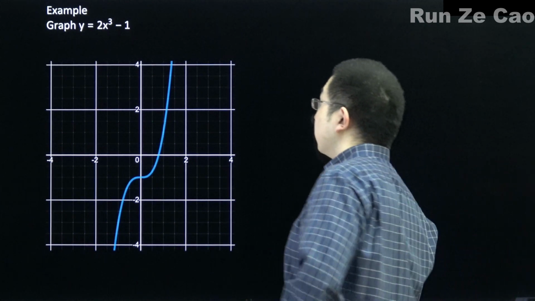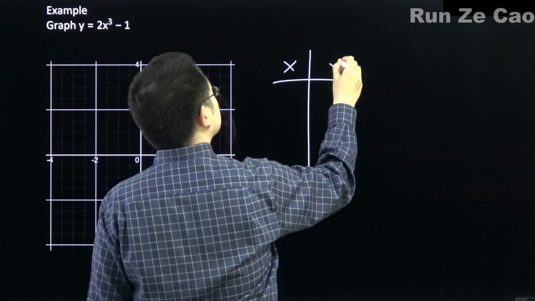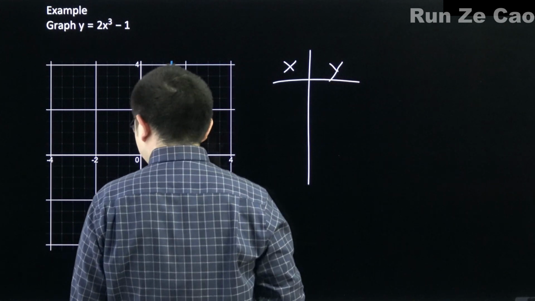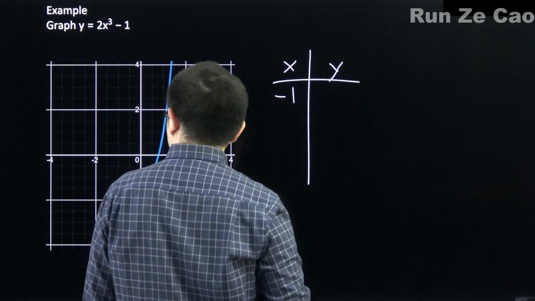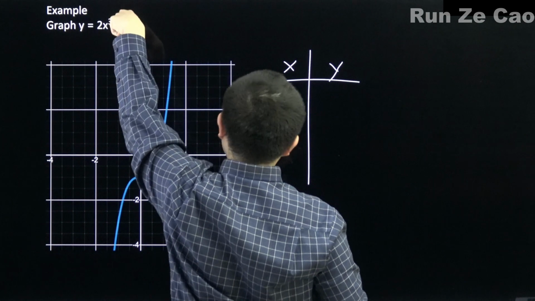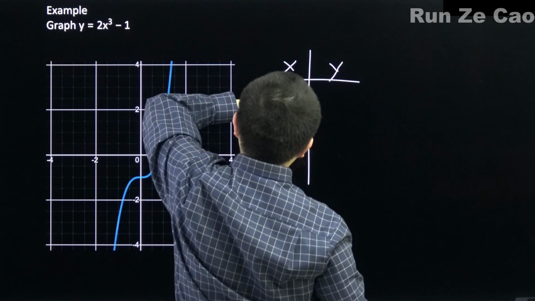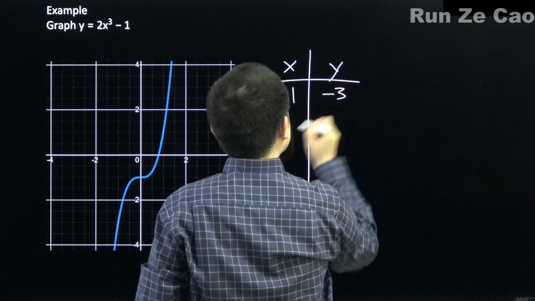Well, then, we got to go and make ourselves a little table. X values and y values. So for x equals -1, we would have y is 2 times x cubed, in this case 2 times -1 cubed, so -2, minus 1, -3.